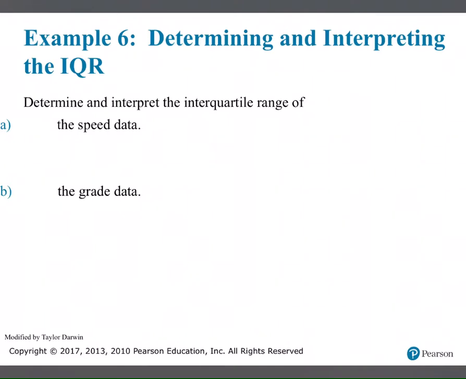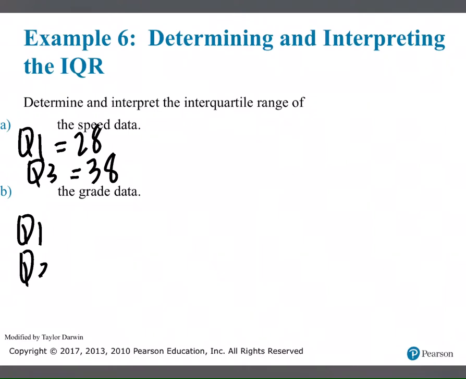Okay, so I'm gonna go back. Remember, our Q1 from the speed data was 28, and our Q3 here was 38. And then for grades, this was 71 and 90.